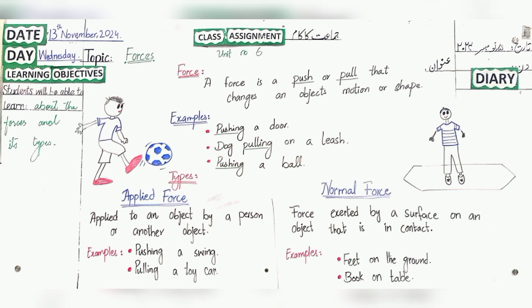The other one is standing on the ground. As we have studied, a normal force is a force exerted by a surface on an object that is in contact. They are in contact and he is standing continuously on the surface of the ground. So this is a normal force. As for example, a book on the table is also an example of normal force.